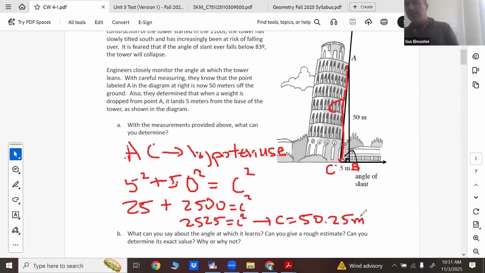So that's the side of the building that's leaning, right? Also, we can figure out the slope of AC. That's what we really want to get to, by the way.